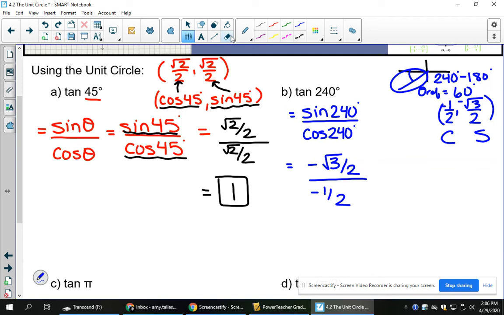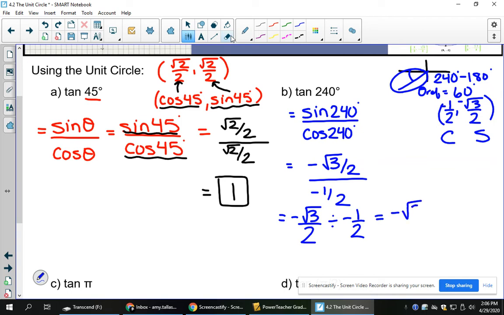Okay, fractions with radicals. If you try putting this in your calculator, it's way harder to get all of the brackets right than it is just to do the math by hand. When I'm dividing fractions, I write them vertically like this, first of all. So negative root 3 over 2, divide negative 1/2.